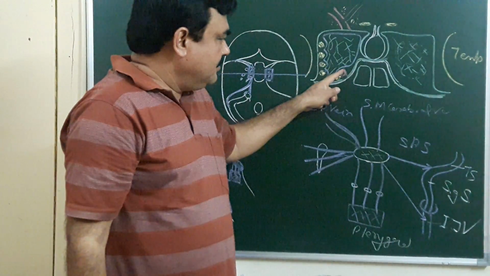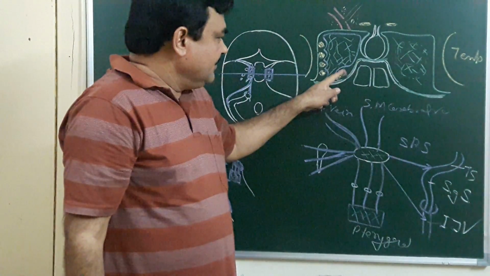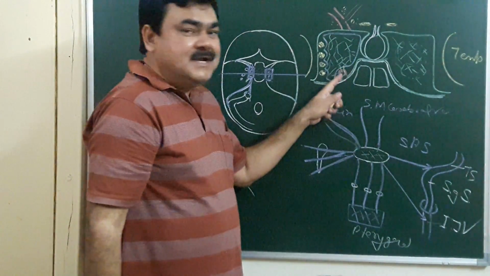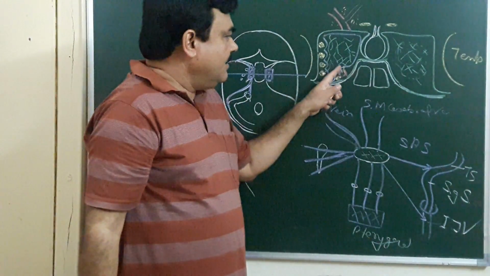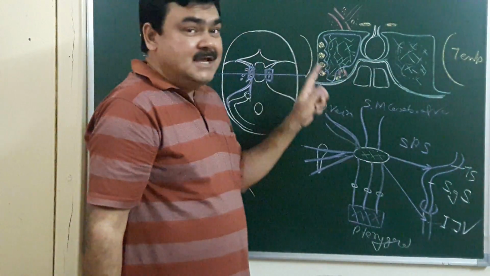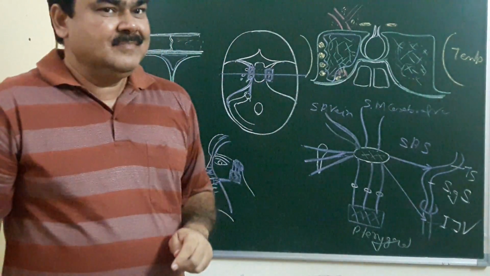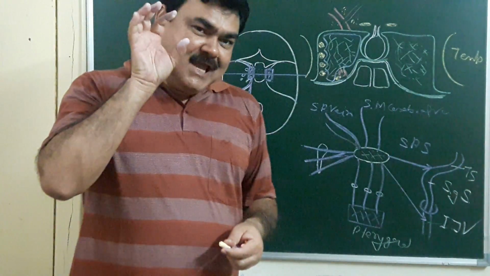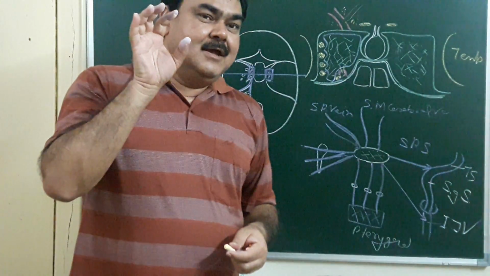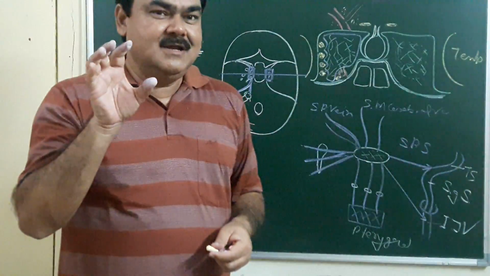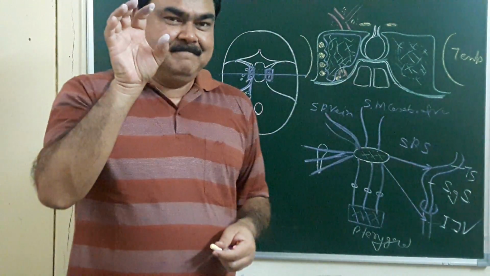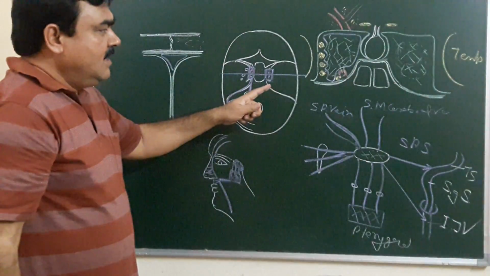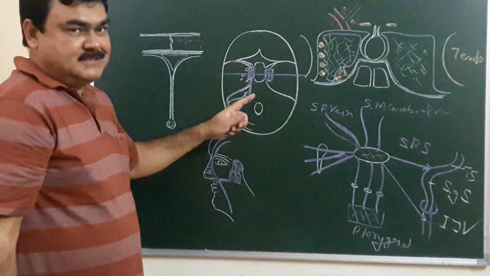In this case pulsating exophthalmos develops. With each heartbeat, the eyeball pulsates. So these are the clinical conditions related with the cavernous sinus.